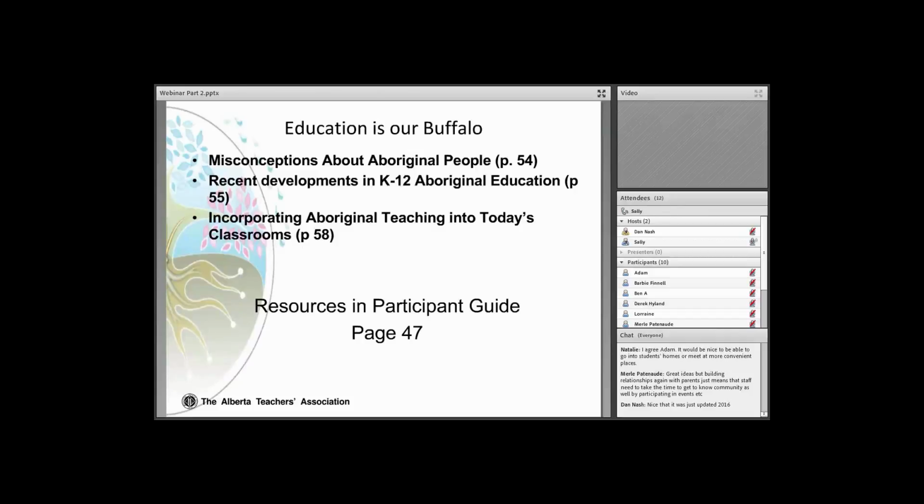As well, at the back of your participant guide, I think it's page 47, but I'm not sure now that Lorraine pointed out that it wasn't the same as the slides. Oh, it looks like page 47 on my guide. So I think 47 is right.